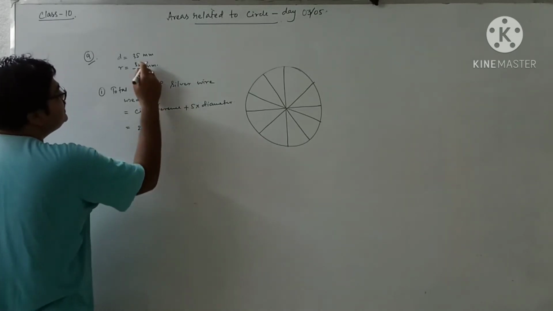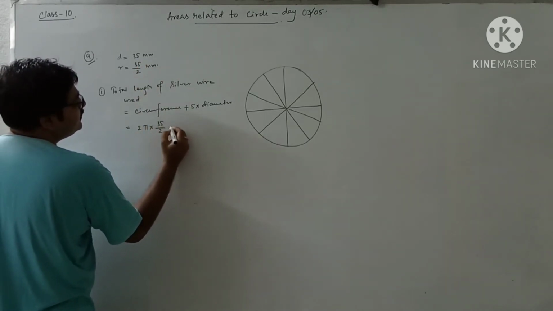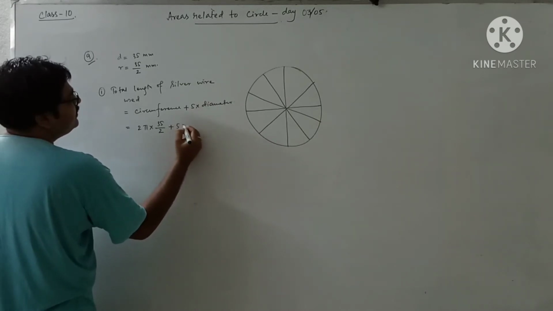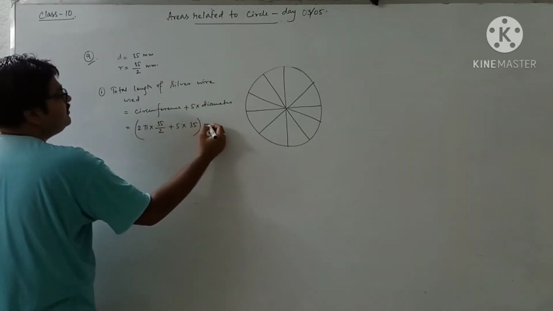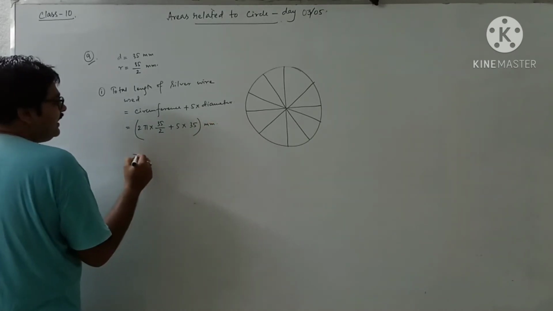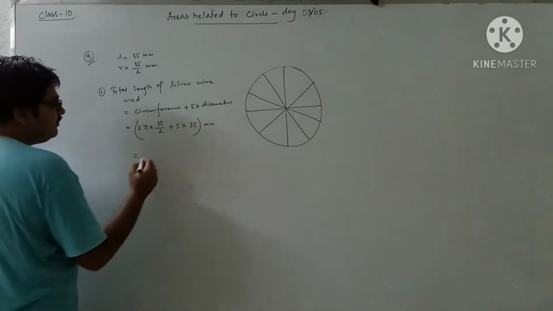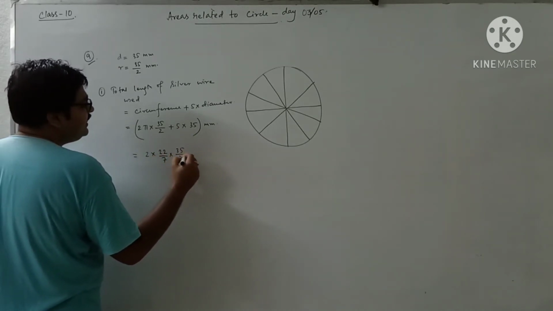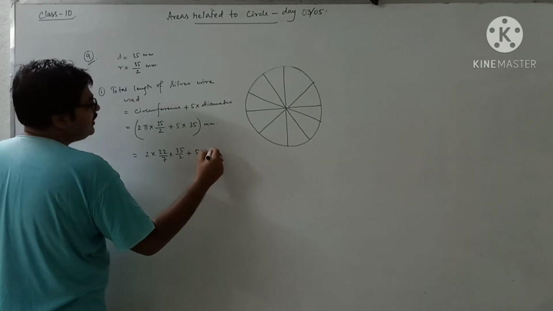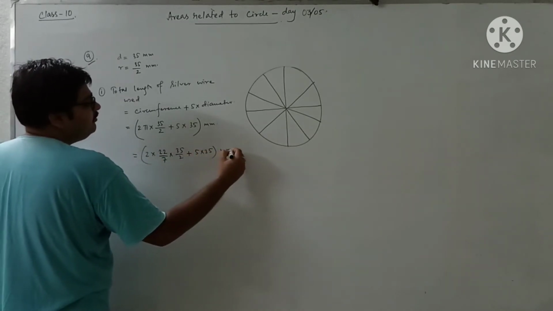What is the radius? 35 by 2. 5 into diameter. What is the diameter then? 35. So that was millimeter. Pi, is any value given? No. So what will the value of pi be? 22 by 7. I think the remaining calculation you can do yourself. So I am just leaving this one for you only to calculate.